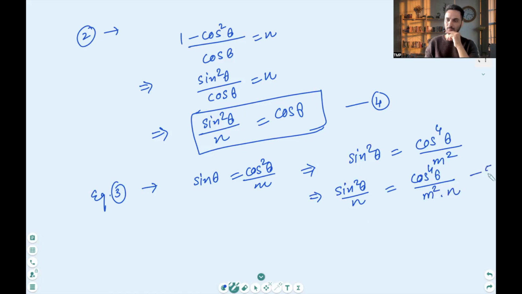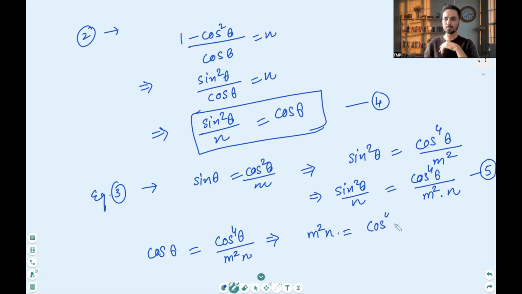So I can call this equation 5. If we equate equation 4 and 5, we will get cos theta equals cos to the power 4 theta over m square n, which can be written as m square times n equals cos to the power 4 theta over cos theta. You can cancel out 1 cos theta, so it is cos cube theta.